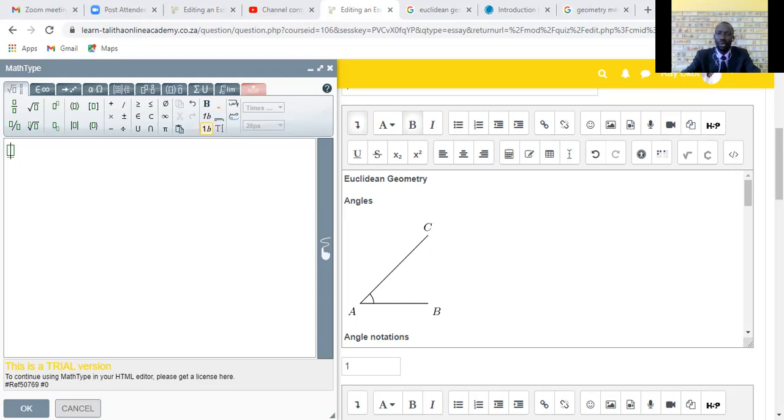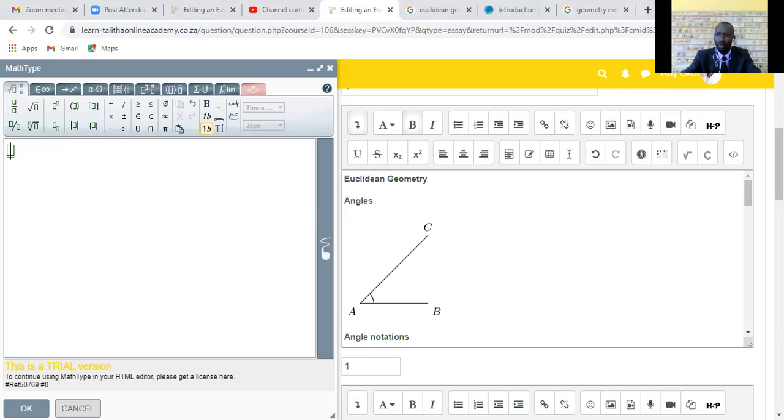Now, the first thing we want to look at is the concept of angles. I've already indicated that the relationship that exists between lines, planes, surfaces, and solids leads us to the study of Euclidean geometry.